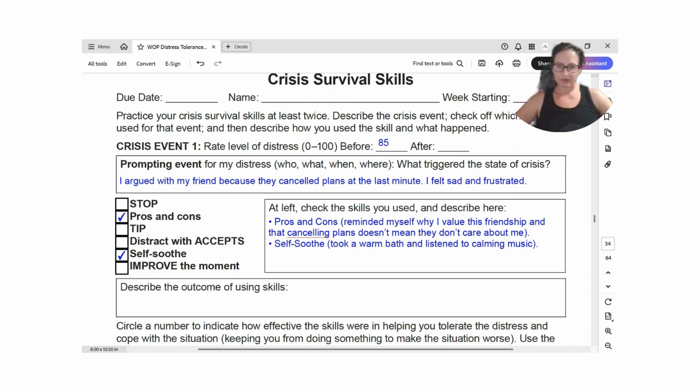And here I have written that I used pros and cons, and I did this by reminding myself why I value the friendship and reminding me that cancelling plans doesn't mean that the person doesn't care about me. And I also used self-soothe. So I took a warm bath and I listened to some calming music.